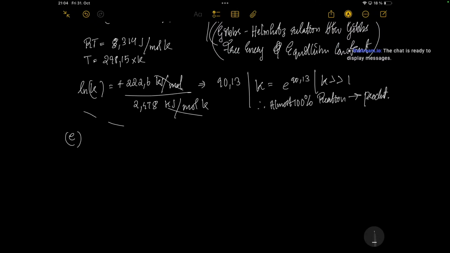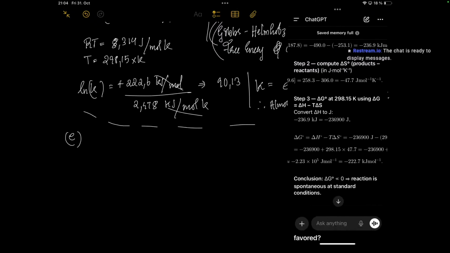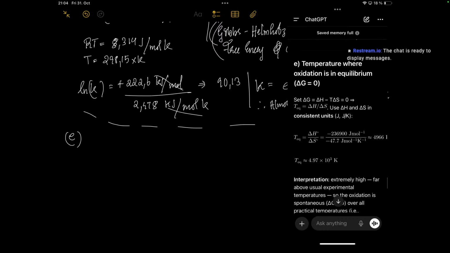What's the E part? Temperature when oxidation is at equilibrium.